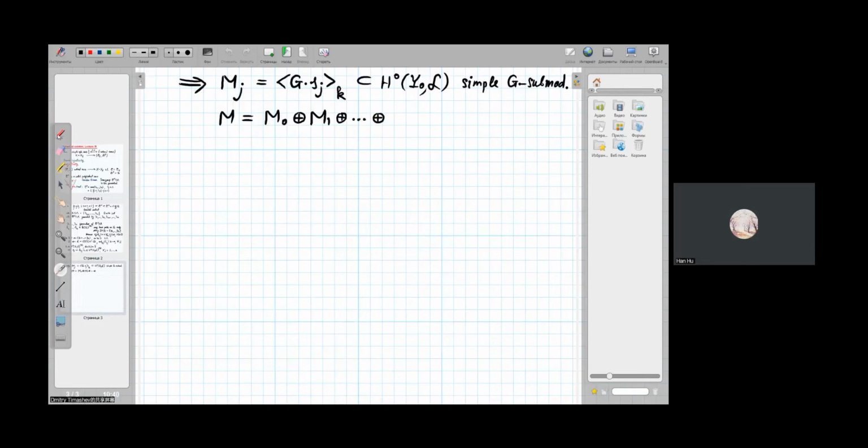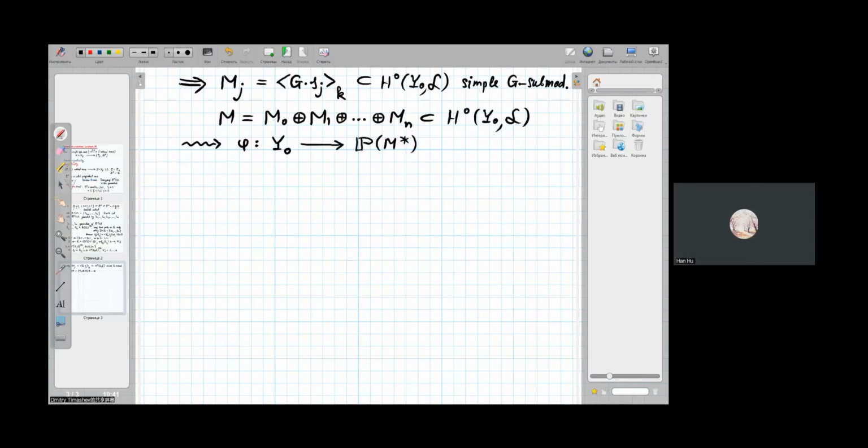Okay, so we have this finite dimensional G submodule in the space of sections of my line bundle L over Y naught. And this gives rise to a G-equivariant map, as we know, let me denote it by phi, from this homogeneous space Y naught to the projectivization of the dual vector space M star.